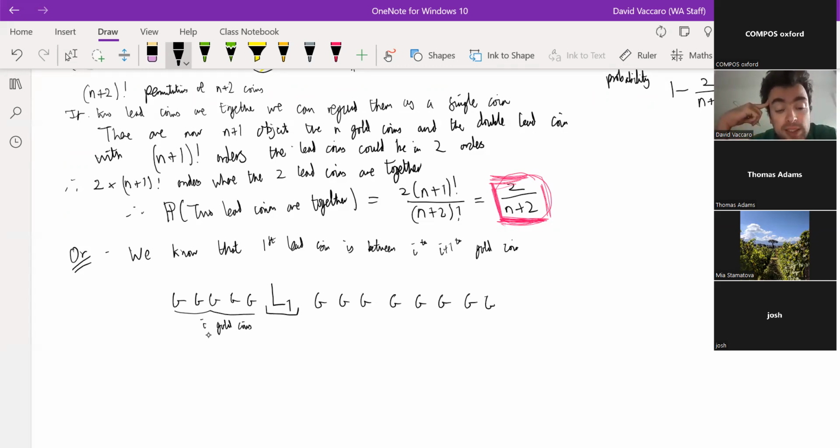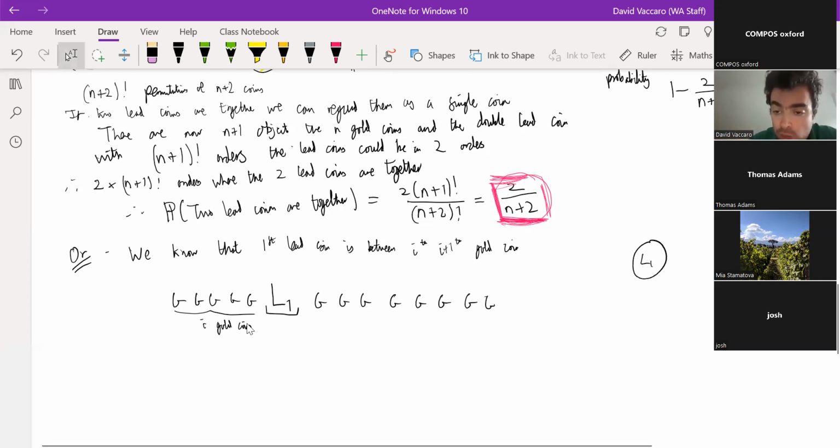Where could the second lead coin go? Imagine we've got the two lead coins labeled with an L1 and an L2. Where could the second lead coin slot in?